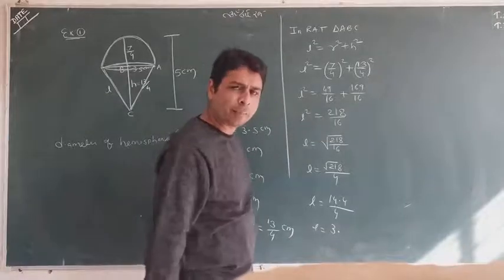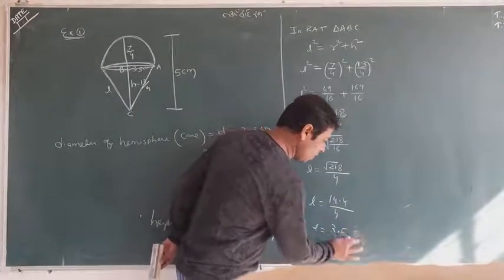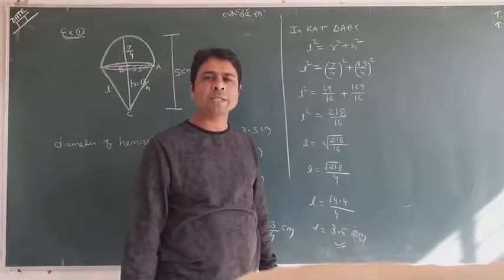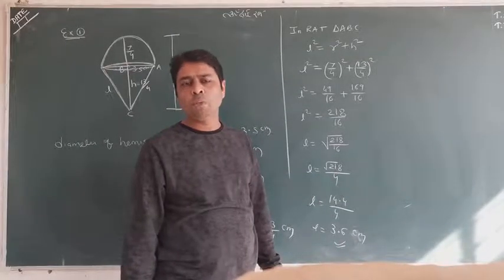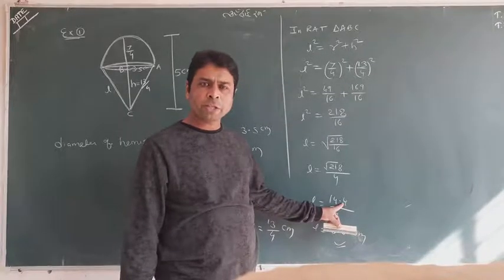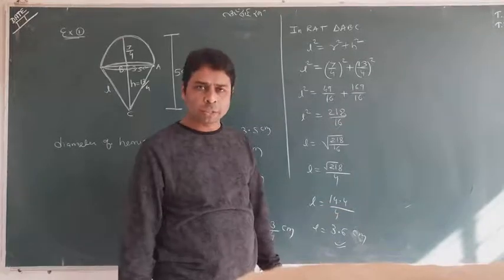After dividing, approximately we have 3.6. So l is equal to 3.6 centimeter approximately. You can understand that 218 has no proper square root, so we found the answer approximately. If the calculation is correct, that is okay, otherwise you can do it on your own. You got l equal to 3.6.